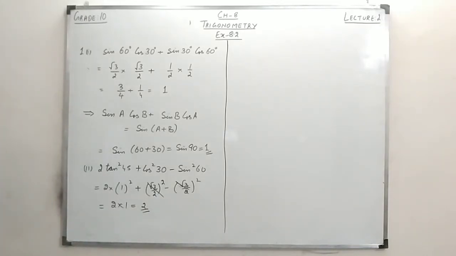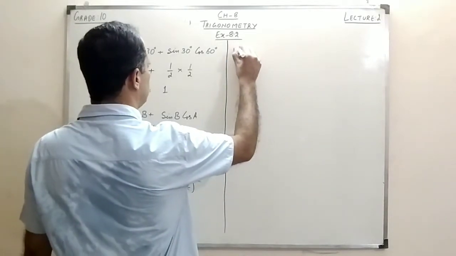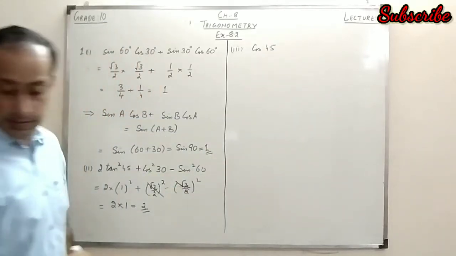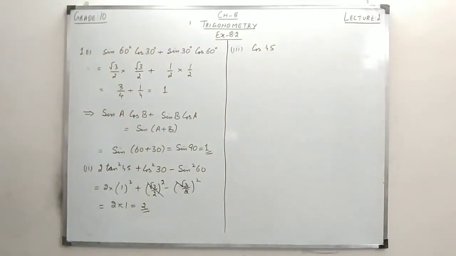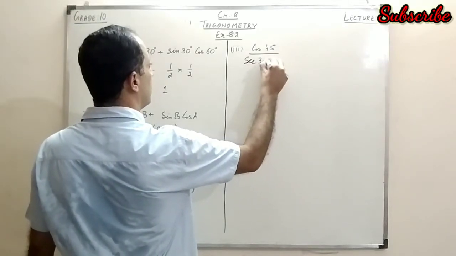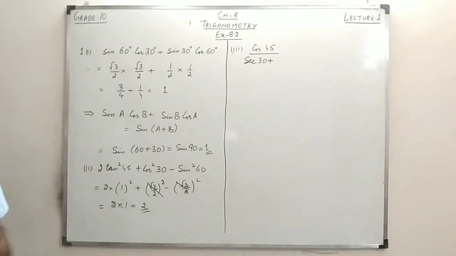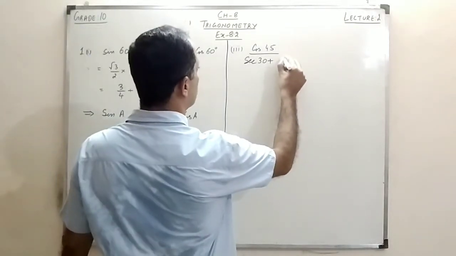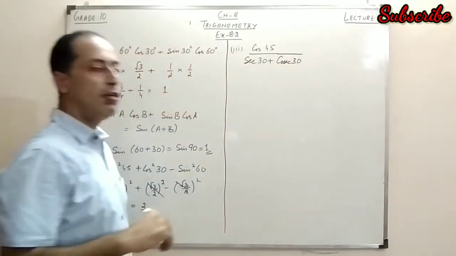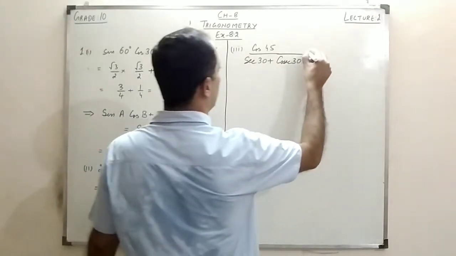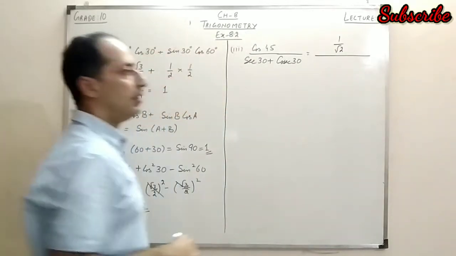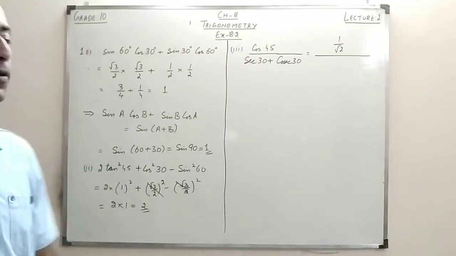Let's go to the third part now. This is cos 45 upon secant 30 plus cosec 30. Now, the value of cos 45 is basically 1 upon square root of 2.